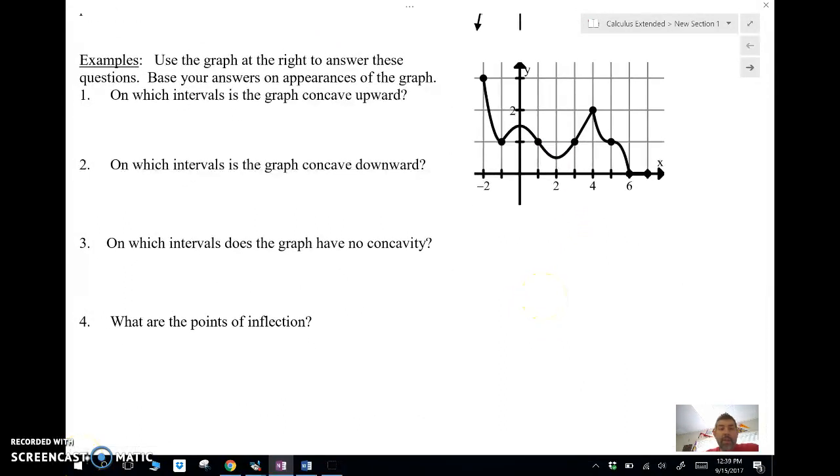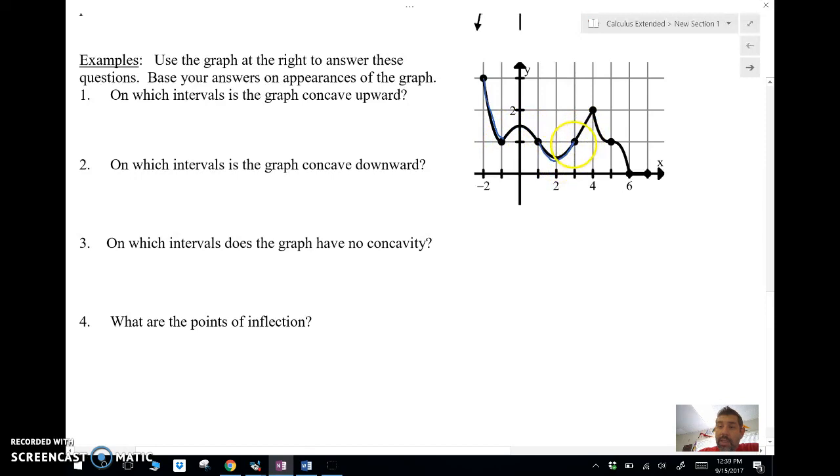All right, we have this graph here, and we're going to look at some things about concavity. On which intervals is the graph concave upward? We're looking for concave up, which is a smiley face. It's concave up right there, then it goes concave down, and then up again.